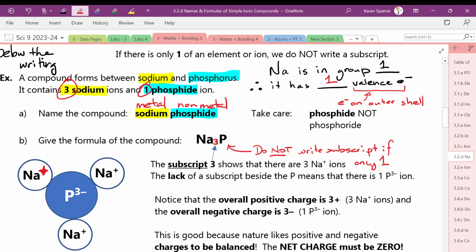Yes, Aaron? It's just H plus, and its nucleus most of the time contains just 1 proton. And in fact, when we're in grade 12 chemistry, we refer to the hydrogen ion, the H plus ion, as a proton.